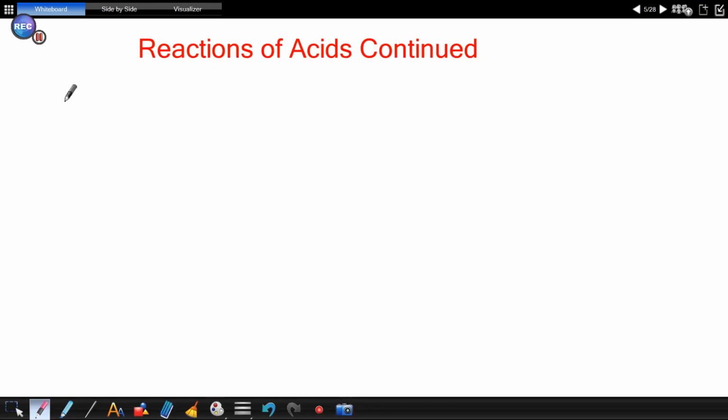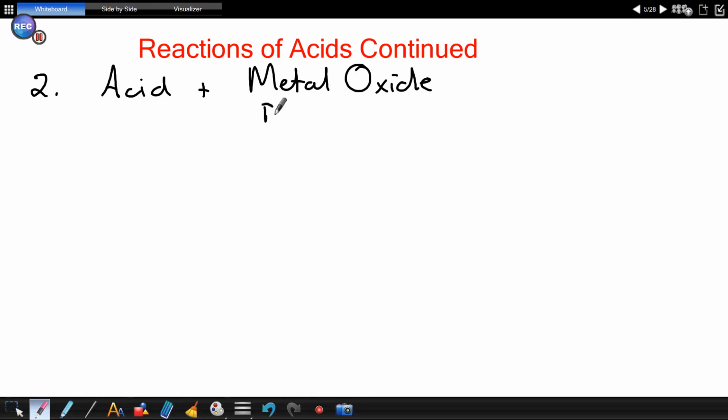So we've done acid reacting with base. Next type of reaction is the acid reacting with a metal oxide. Now, a metal oxide is a basic oxide, so it will form a salt and water.